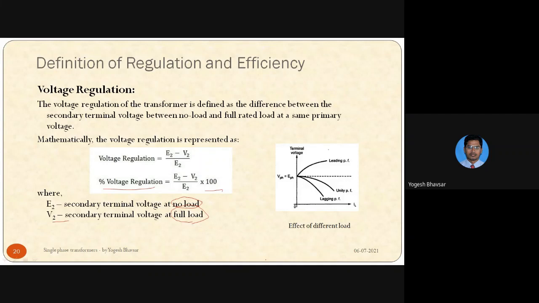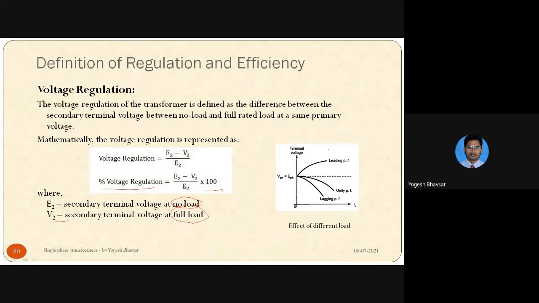So remember, in MCQs it may ask what is the ideal voltage regulation of the transformer. It will be 0. In that case E2 is equal to V2 in the ideal case. No load voltage and full load voltage should be the same. But practically, due to resistance and losses, there will be voltage drop.